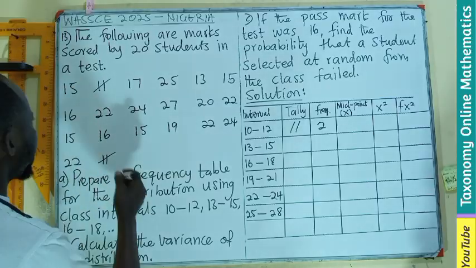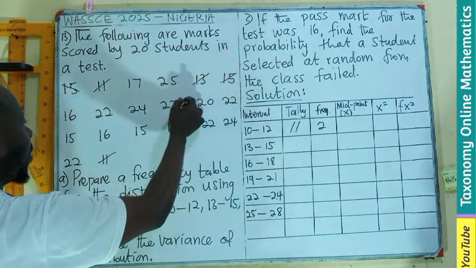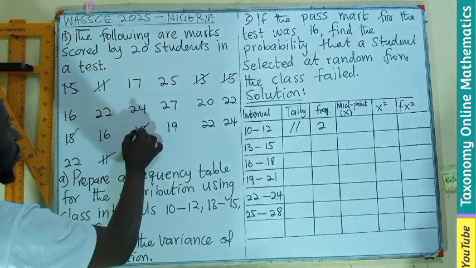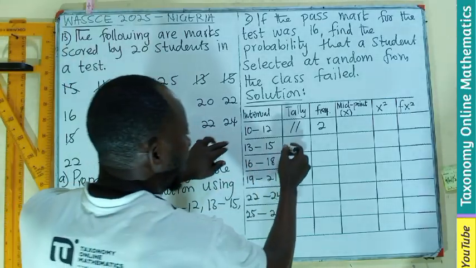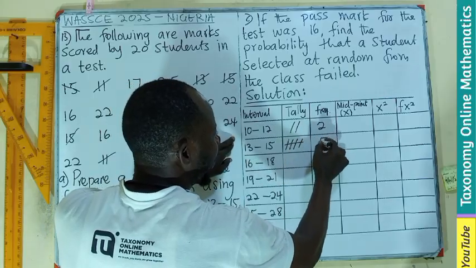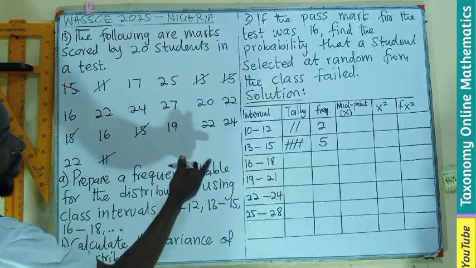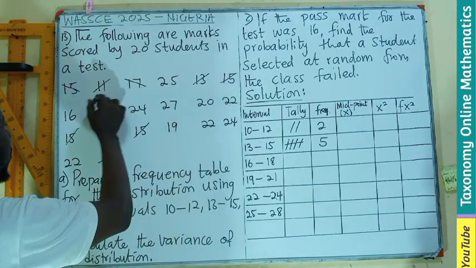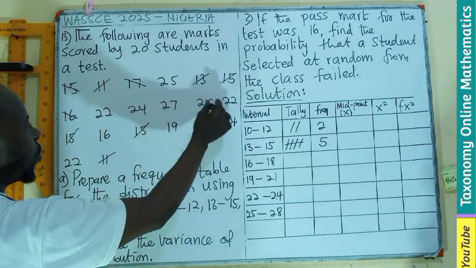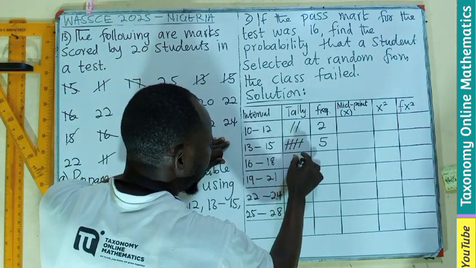For 13 to 15, we have 1, 2, 3, 4, 5, so the frequency is 5. For 16 to 18, we have 1, 2, 3. I think that is 3.